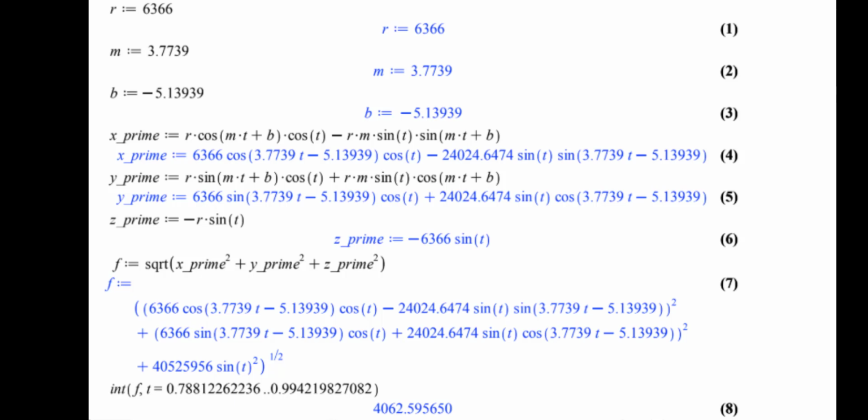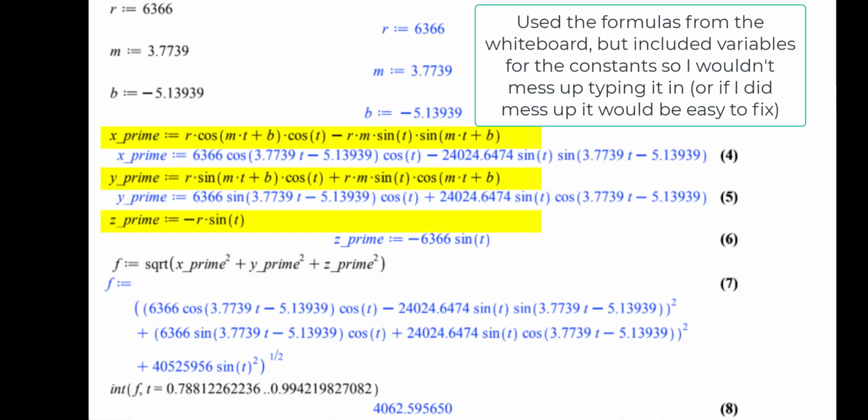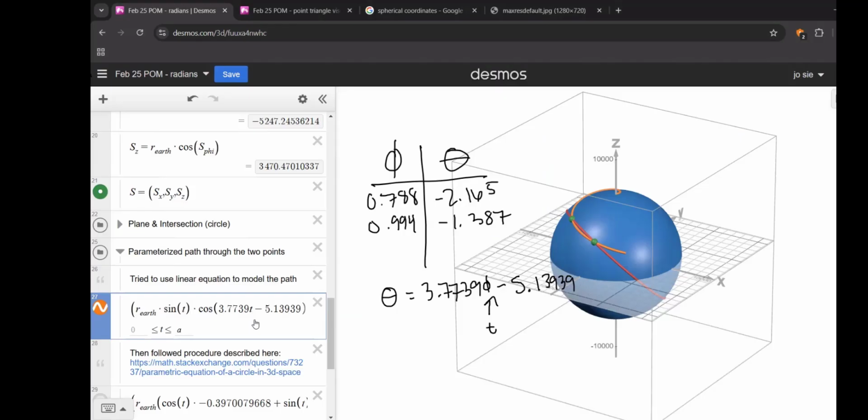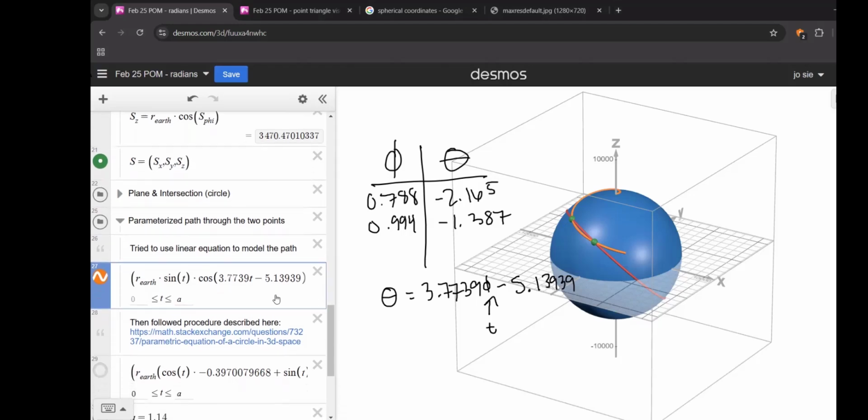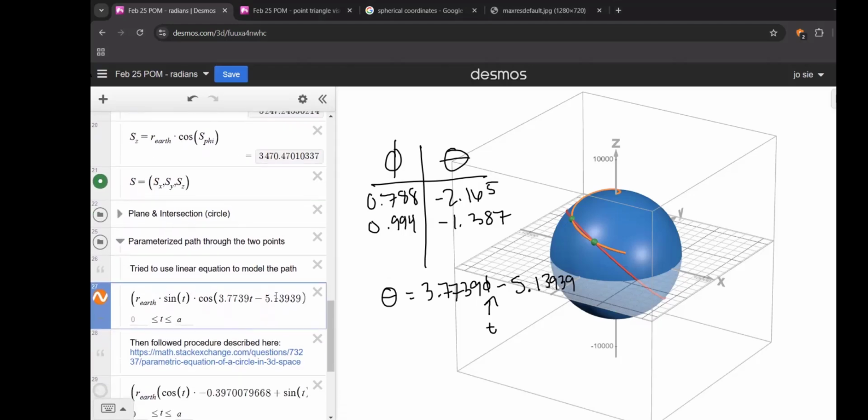So after finding those derivatives, I went ahead and used an online integral calculator to figure out what the integral is. An important thing to be aware of when I was finding this integral was I needed to know what my bounds were going to be. So because I did a relationship between theta and phi, my lower bound was the phi that I started at.